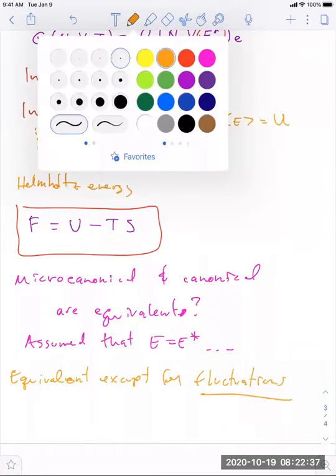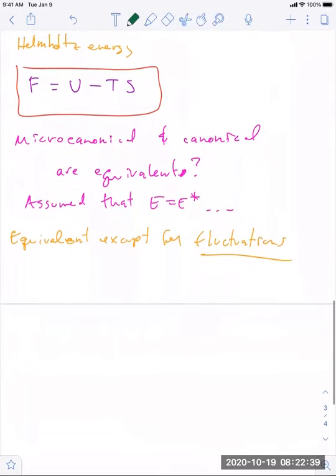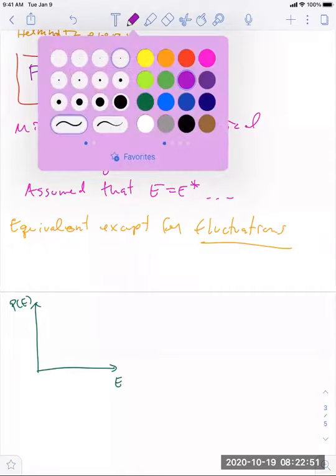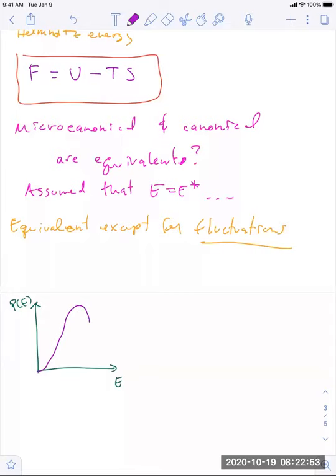So this is just to draw a cartoon that helps bring this in. If we're in a canonical space and we look at the probability of being in any energy as a function of that energy, then we get a curve that looks like this. And so we assumed that the only energy that matters is this one.